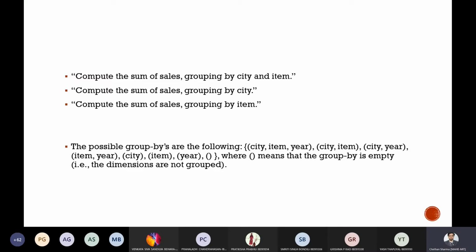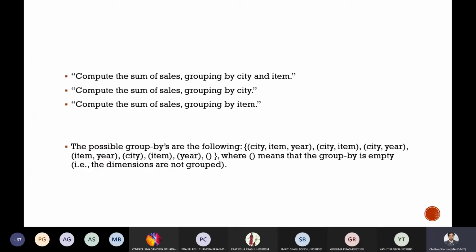given that there are 3 attributes, city, item and year, which you can characterize as dimensions, and one measure, sales in dollars, the total number of cuboids, or group by operations, that can be computed for such a cube would be 2 to the power of 3, that is 8.